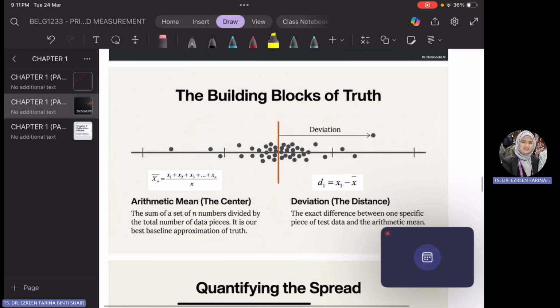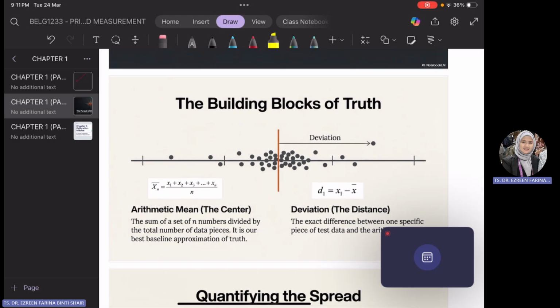The first statistic that we usually use is the arithmetic mean. I'm sure that everyone knows what mean value is. It is the sum of a set of n numbers divided by the total number of data, and the formula is this one. So it's basically the mean value, or the average value, or the center.